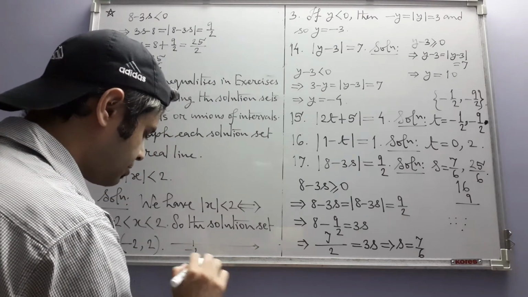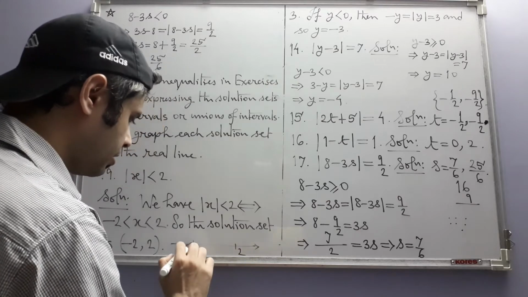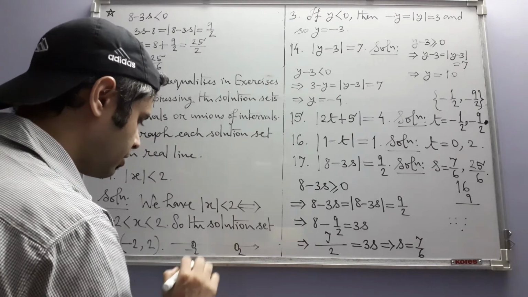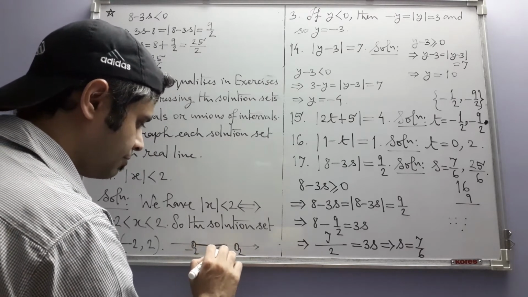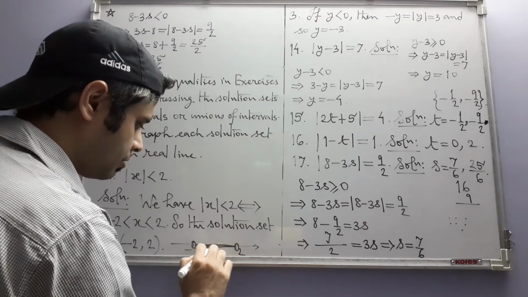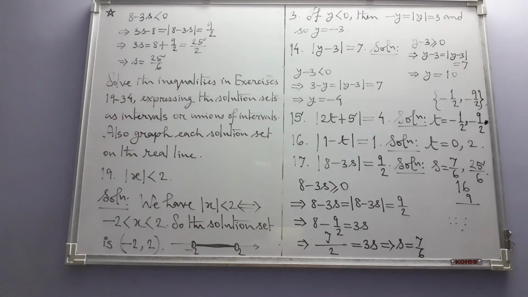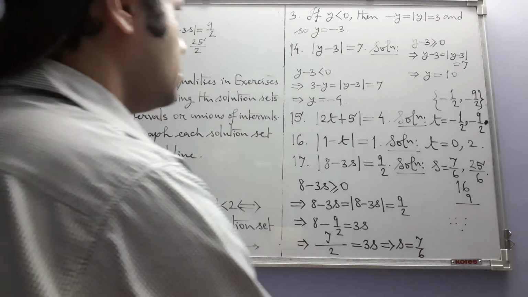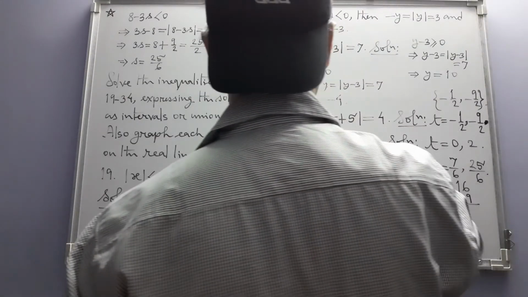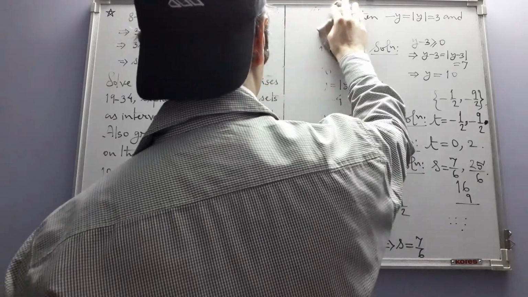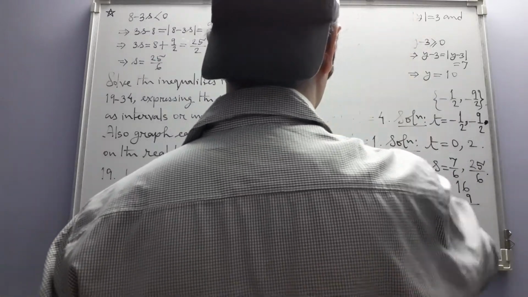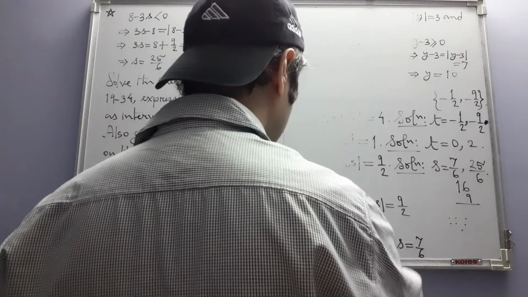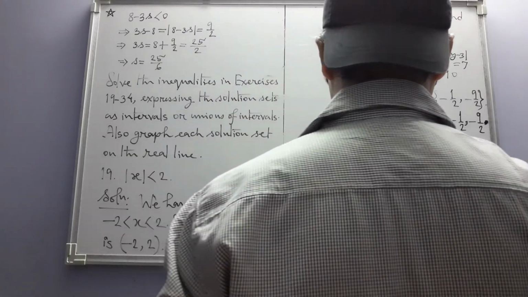You have -2 here and say 2 here. These 2 points will not be part of the set. Everything else in between will form the solution set. So this is 19. For the others we will not draw the graphs. That is left to you.